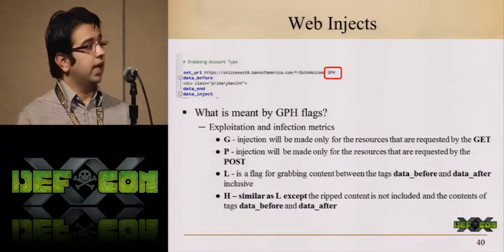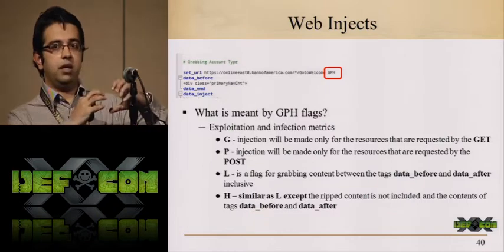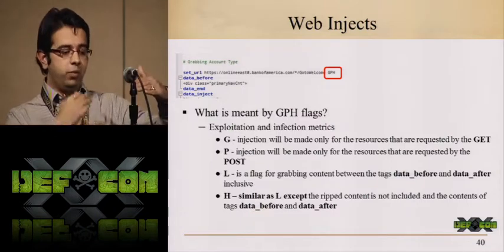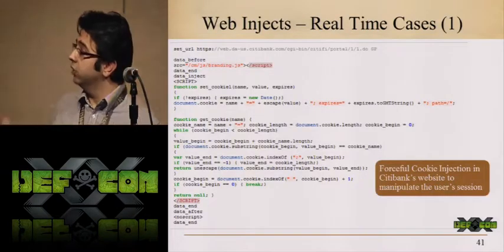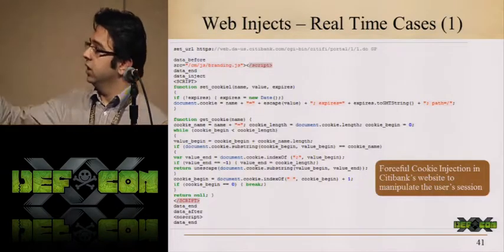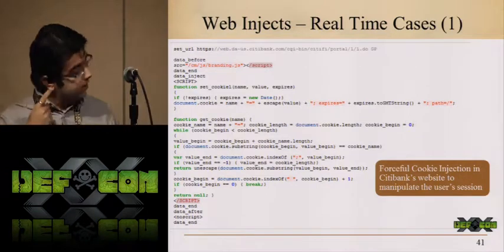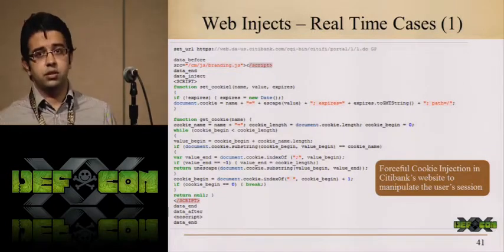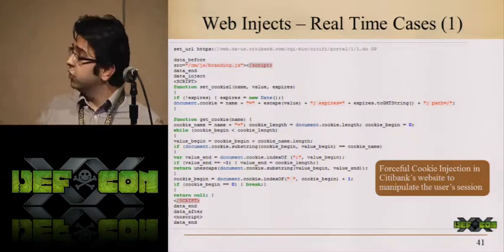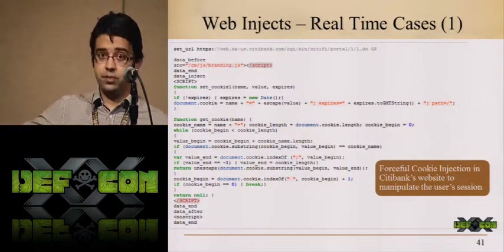Then you tell it that in a particular web page, you want to inject this kind of data before this tag, and what kind of content has to go after that. This is a real-time web inject, and this attack was conducted against Citibank. It's like a forceful cookie injection. The bot injects all that code in the web page.